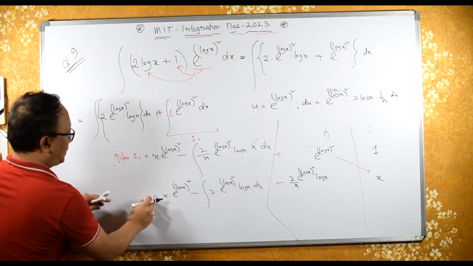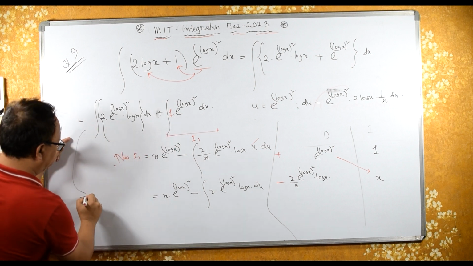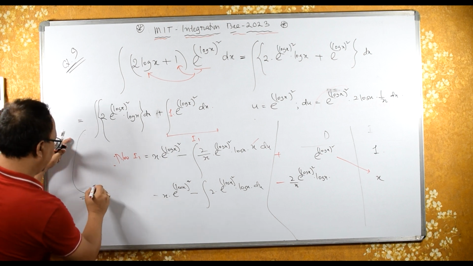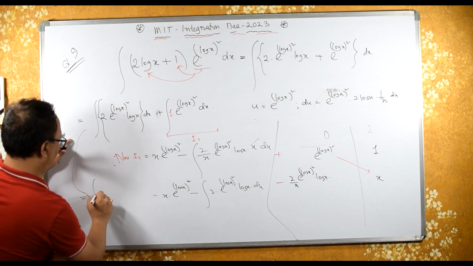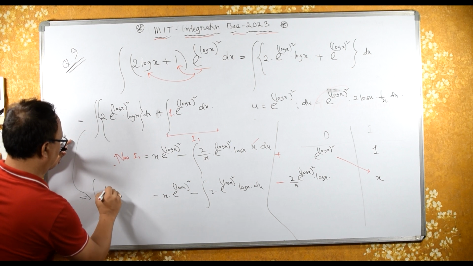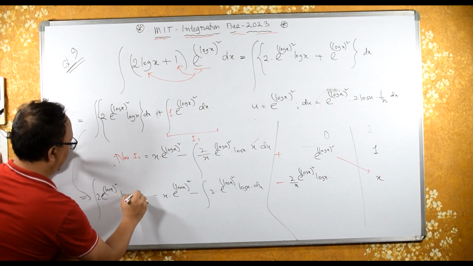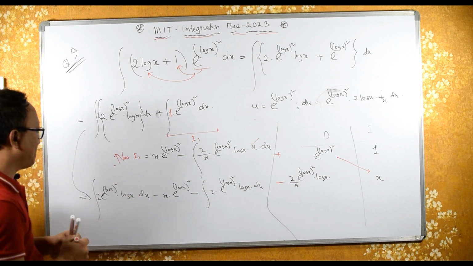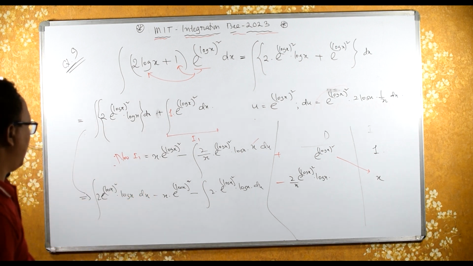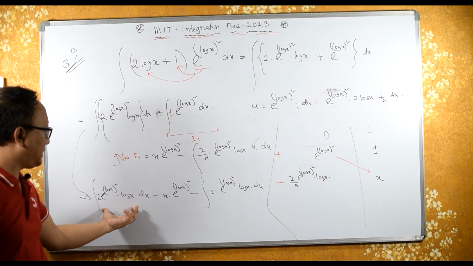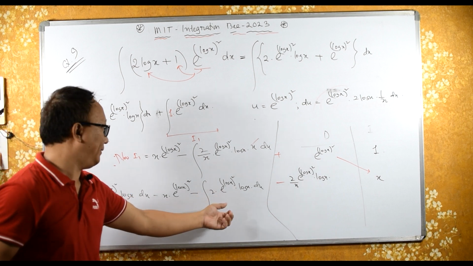Now substituting, this implies we have the integral of twice e raised to (log x) squared into log x dx. Look here, this and this get cancelled.